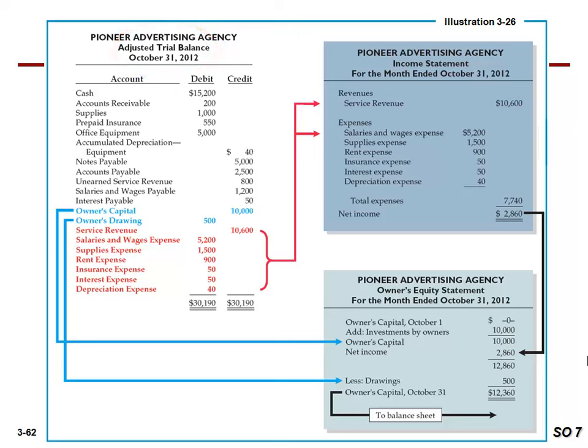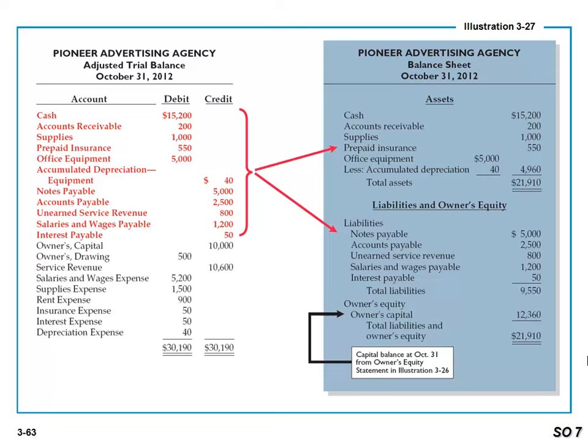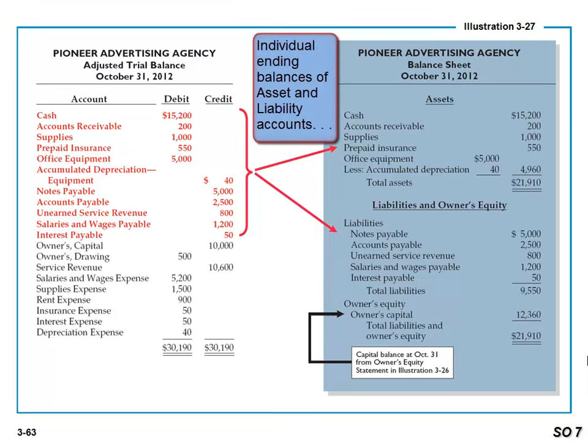These diagrams also show the interrelated nature of financial reports. All other accounts forming the balance sheet, all our asset accounts, ending balances, all our liability accounts, individual ending balances.